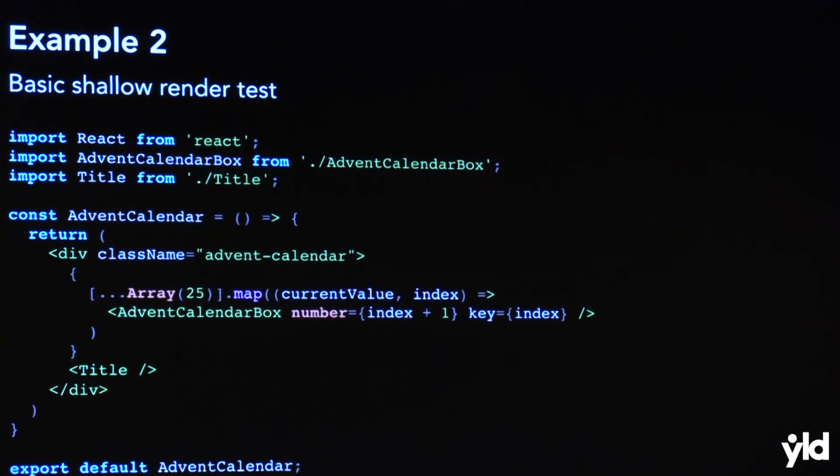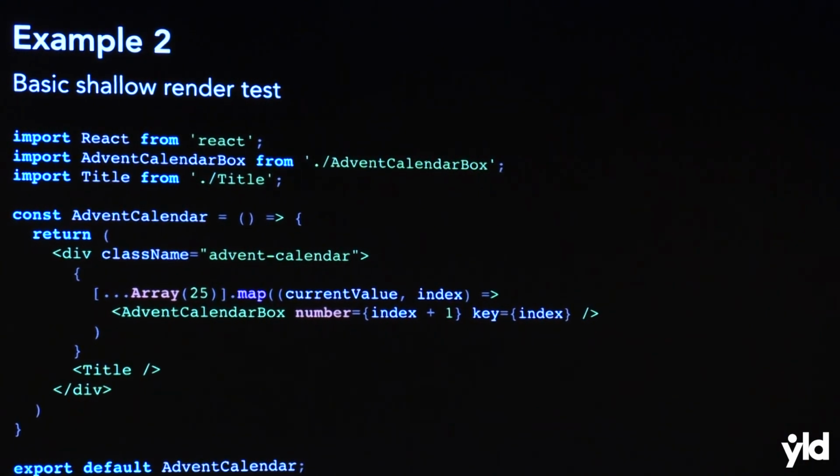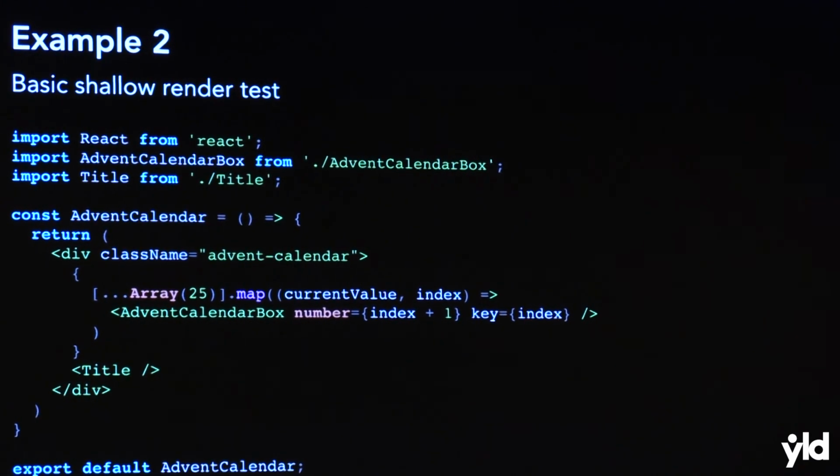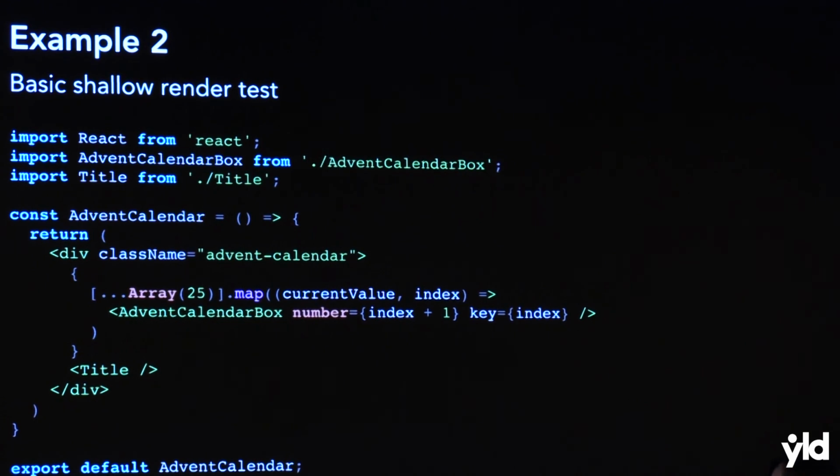Basically, Enzyme has three ways of rendering React objects: shallow, mount, and render. What shallow does is render just the component and not any of its children. Inside of this component you have title, so it wouldn't render any of the things inside title, it would just render this component.